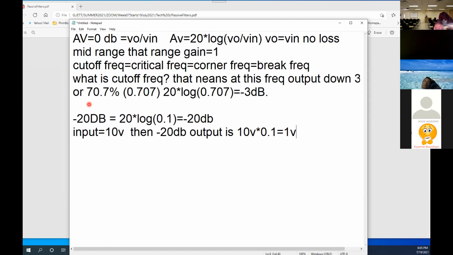By the way, I can tell you, minus 40 dB equals 20 log of what number? 0.1, and then you say minus 40 dB is 0.01. That's the same thing, minus 40 dB.